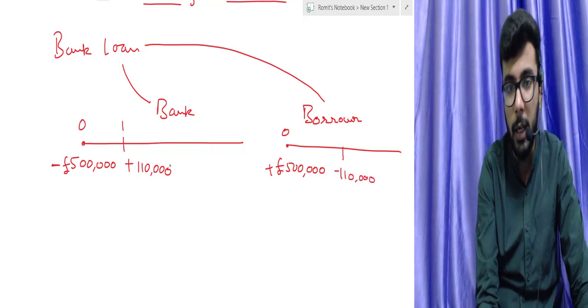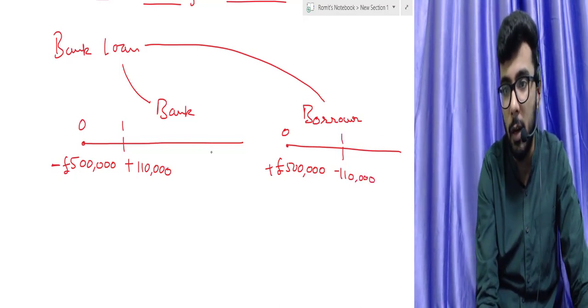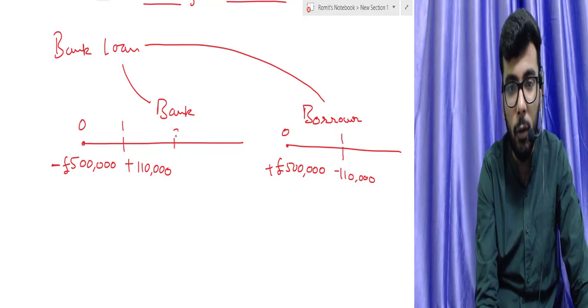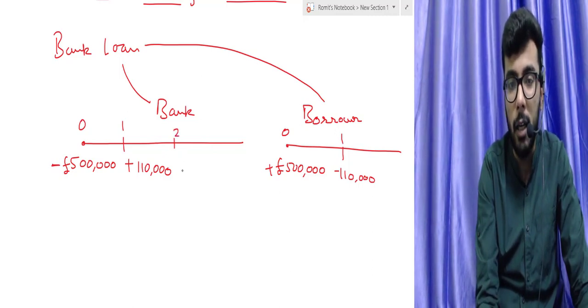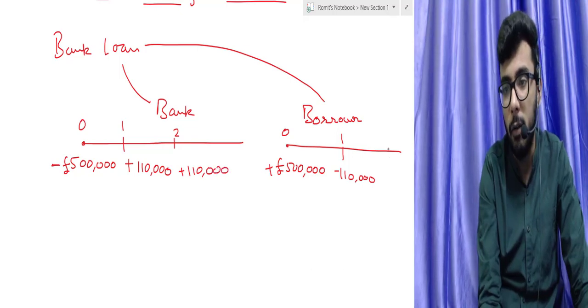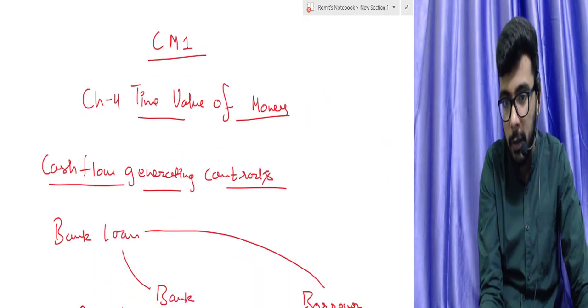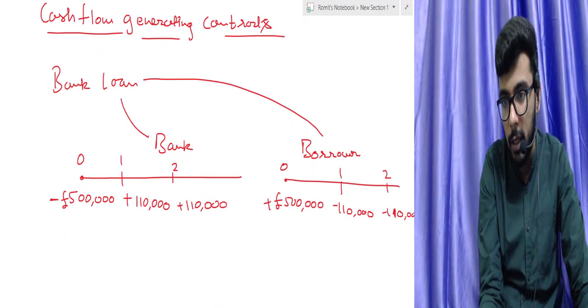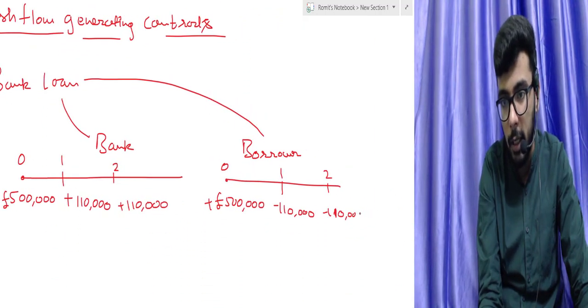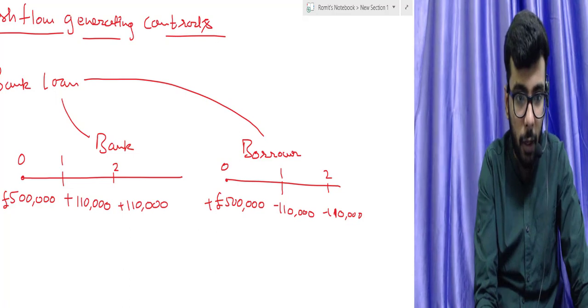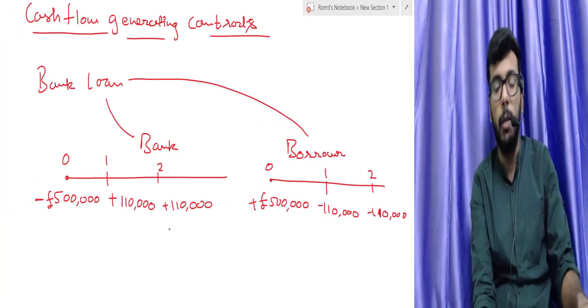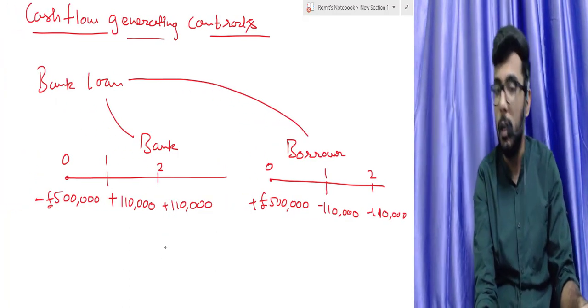At time 2, there will be another inflow for the bank, 110,000, and an outflow for the borrower, minus 110,000. So whenever there are two parties involved in the transaction, whatever is an inflow for one party is an outflow for the other. Money transfers from one person to another.